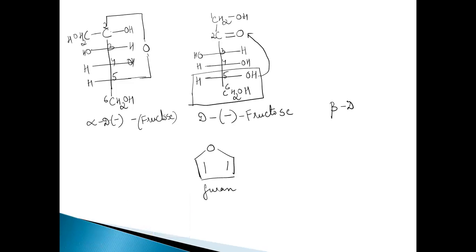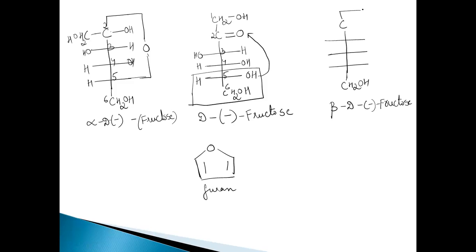So beta D minus fructose. Yes, this is also very simple here. Just write the alpha structure only, but at the second carbon atom, reverse the configuration. That is what is beta. So I'll write carbon here, which is the second carbon atom. This is the third, fourth, fifth, and this will be the sixth one.